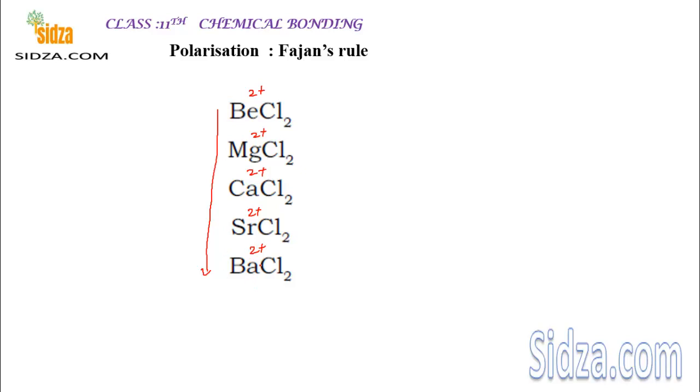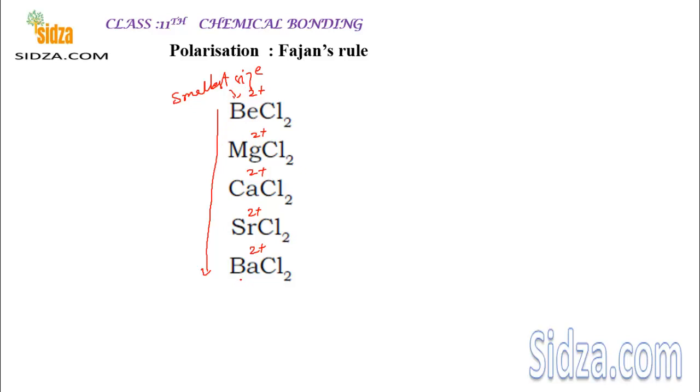So more size of the cation means it will not polarize strongly. Beryllium has the smallest size, so it can polarize more. If you go down the group, size increases, so polarizing power of the cation decreases because size becomes bigger and the charge density is less.